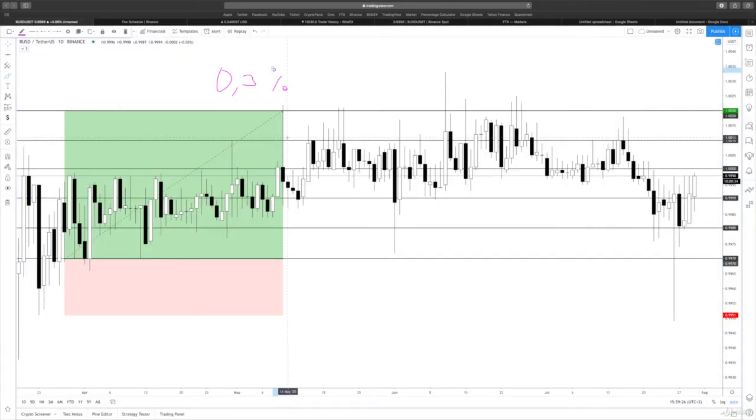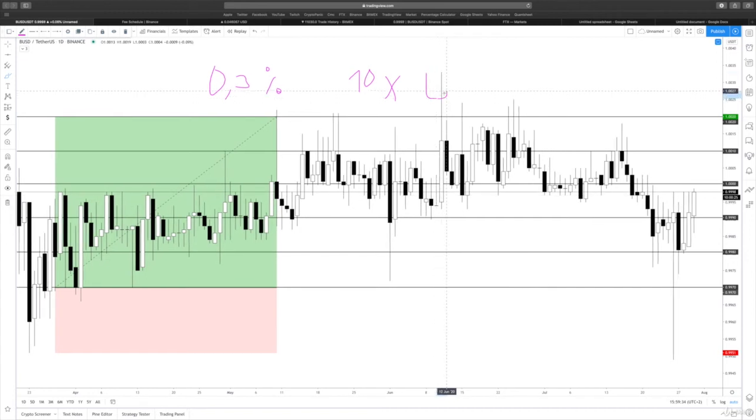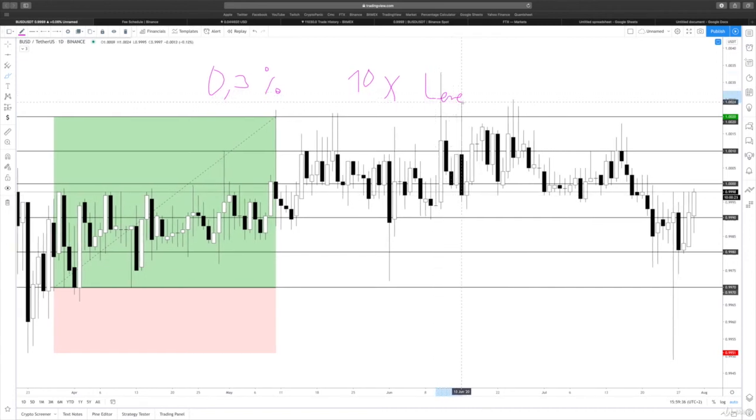In this case, we have 10x leverage, right? Excuse my writing.